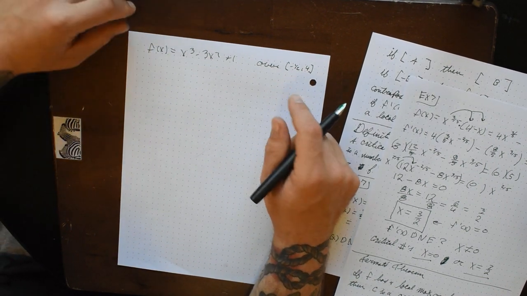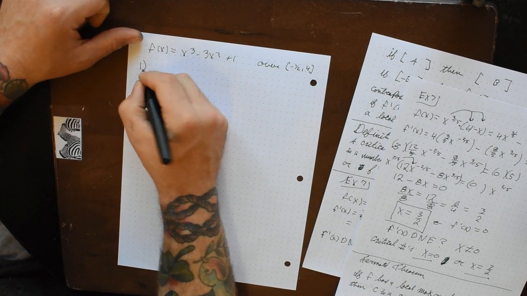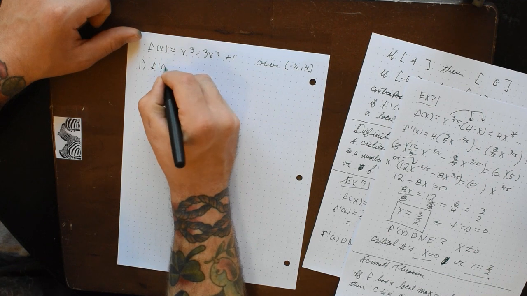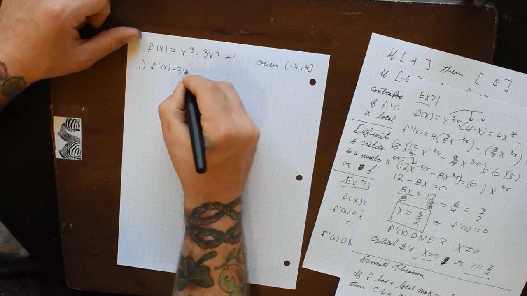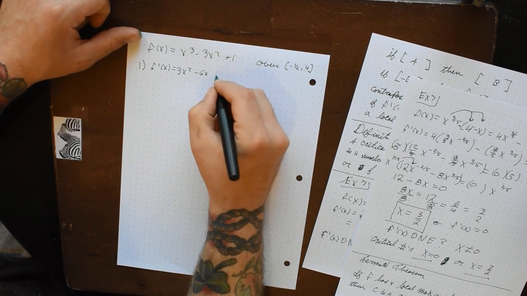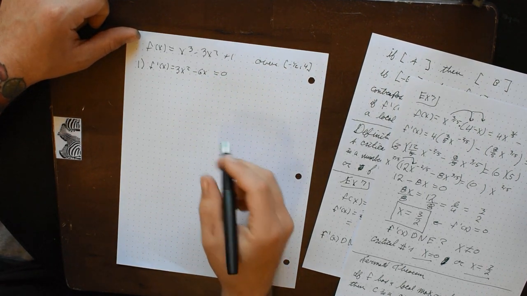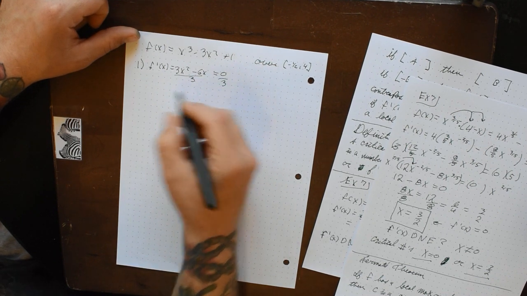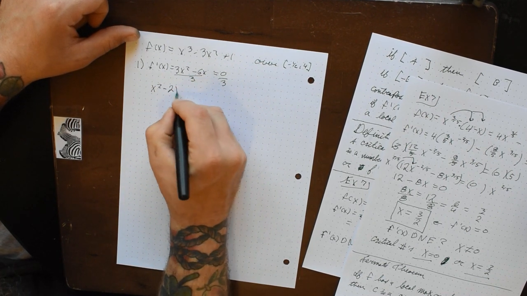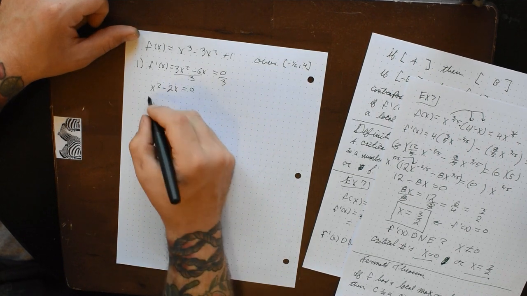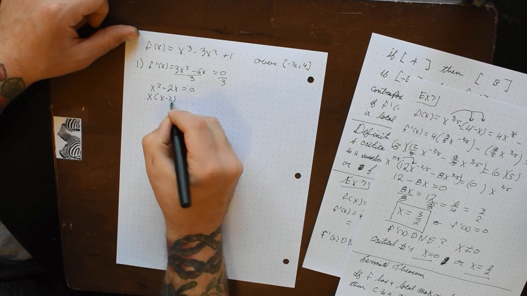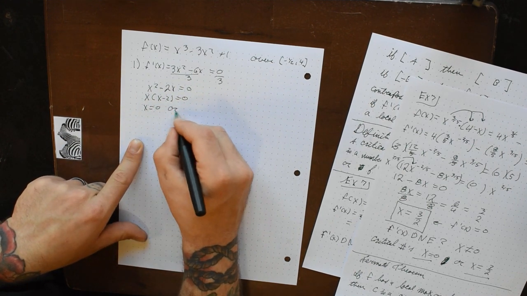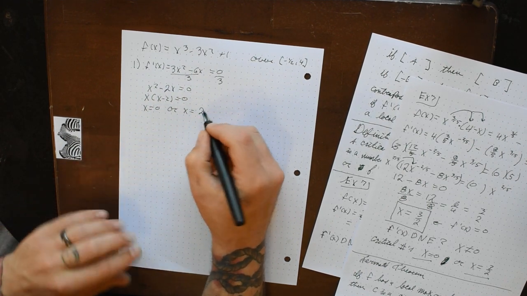So our 3-step process says the first thing we do is find all of our critical numbers. Our critical numbers are where the derivative f prime of x, which is 3x squared minus 6x, is equal to 0. We can divide both sides by 3 to get x squared minus 2x is equal to 0. Factor out an x, and that's when x is equal to 0 or x is equal to 2.